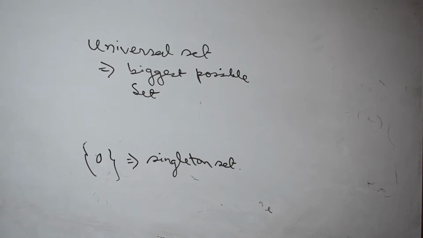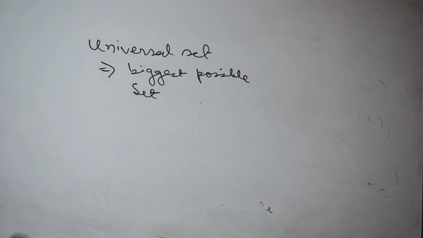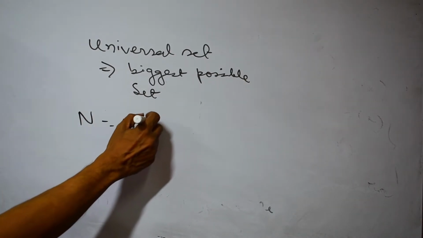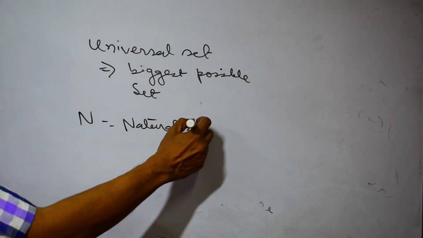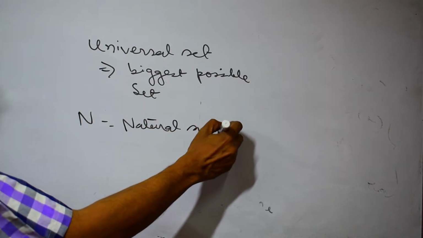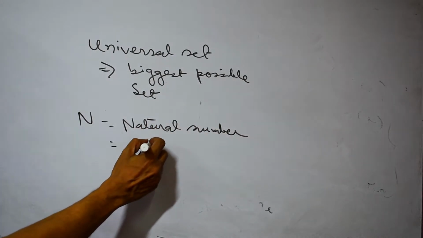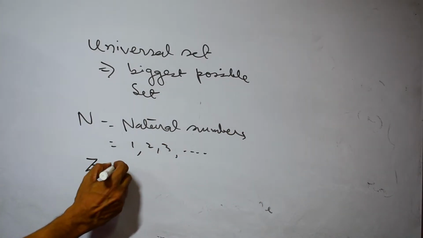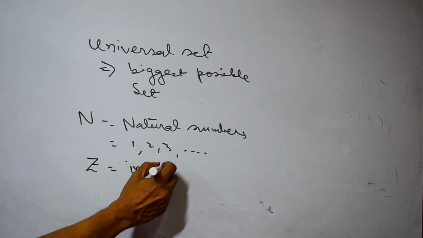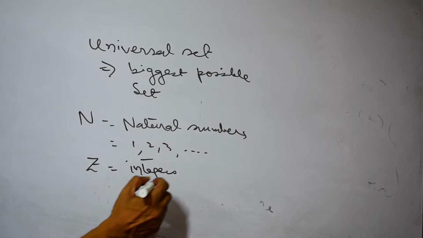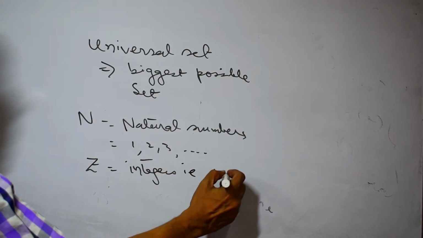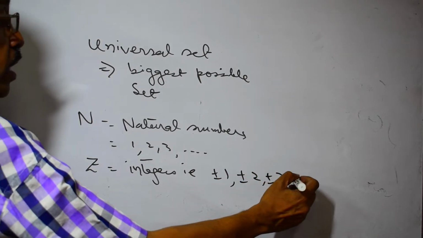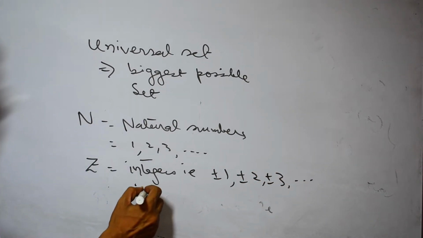We have some particular notations we used to use, that is capital N we use for natural numbers. So set of natural numbers means the numbers which are 1, 2, 3, that is counting numbers, and Z we denote integers. Integers means plus minus 1, plus minus 2, plus minus 3, etc., including 0.